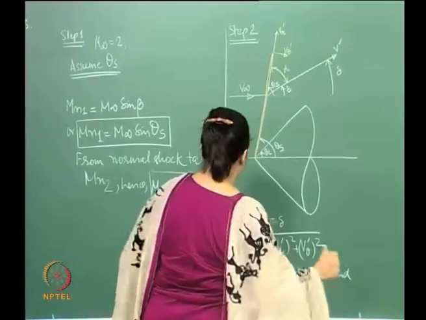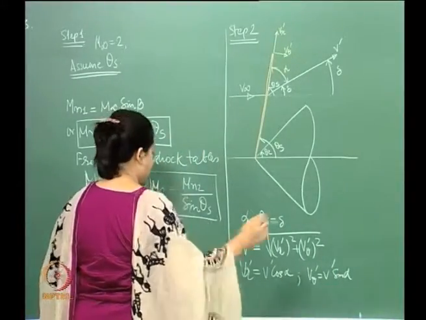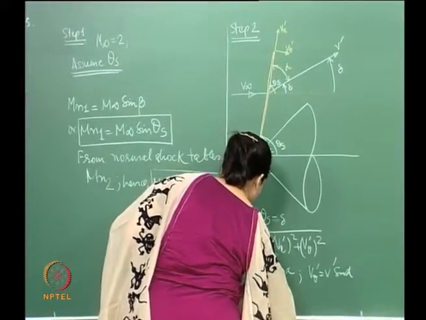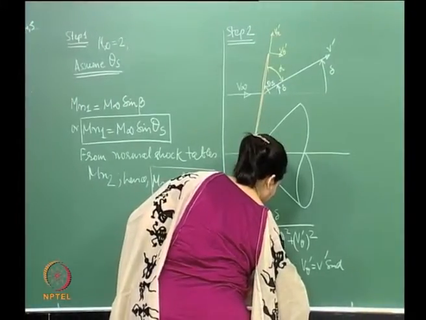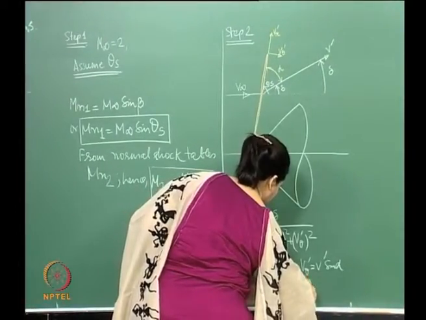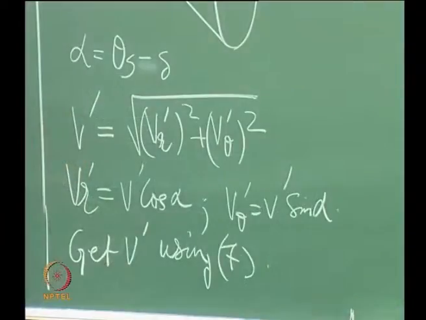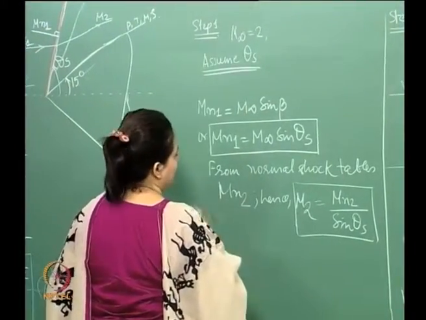So basically what we will do here is get V dash using equation 7, or you can do it here also if you want.